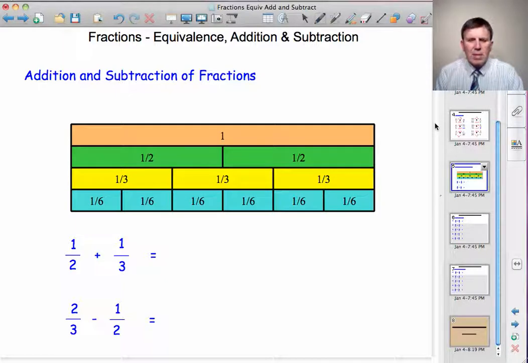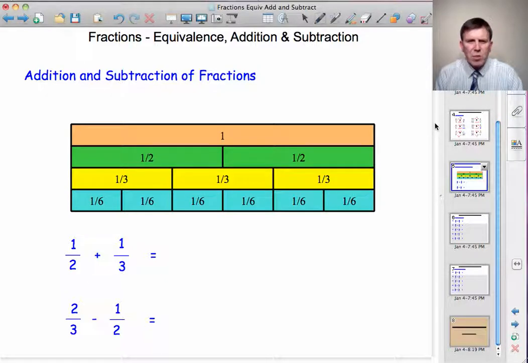I have a diagram here to help me to start with. I'm looking to add a half to a third. But I can't add a half to a third directly because they're not in the same units. Halves are not the same as thirds. So I need to express each of those fractions on a common denominator.